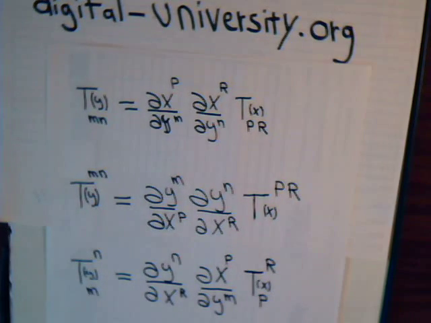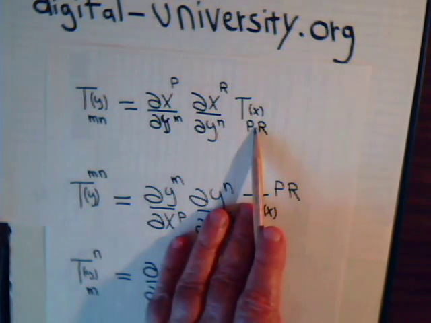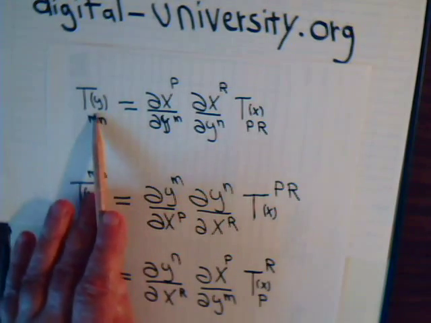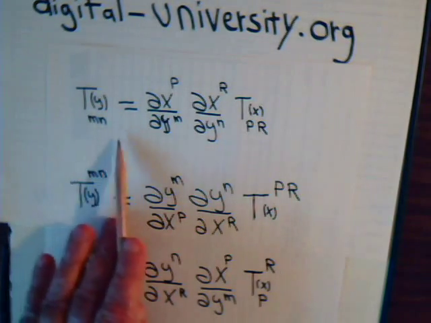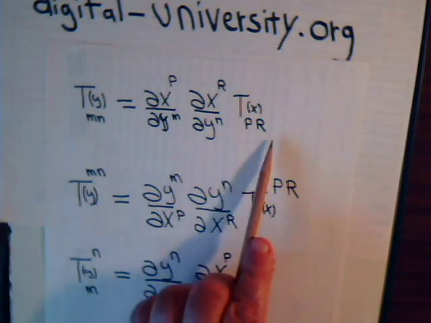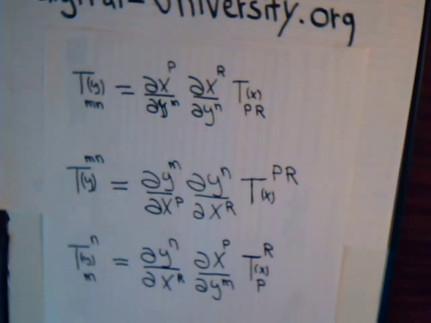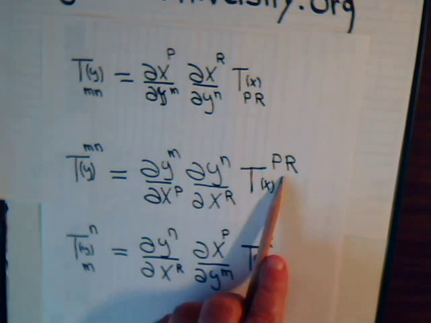Here we have just a second-rank covariant tensor in the x curvilinear coordinate system, and here would be its covariant components in the y curvilinear coordinate system. They transform by these set of equations, and here would be for contravariant transform.